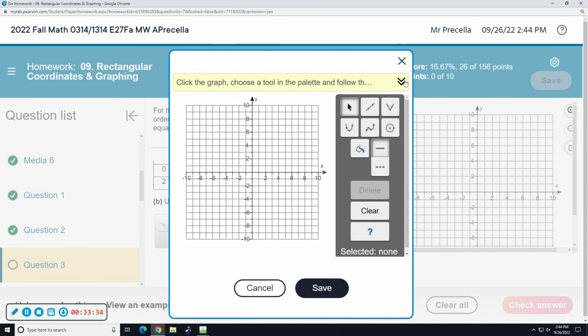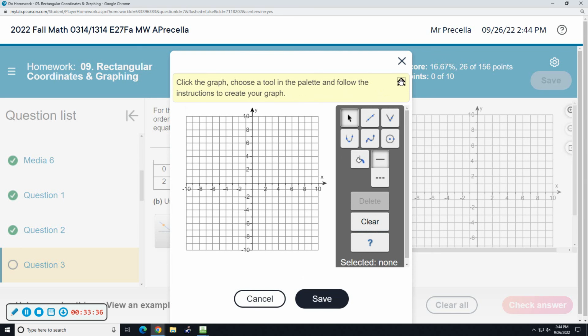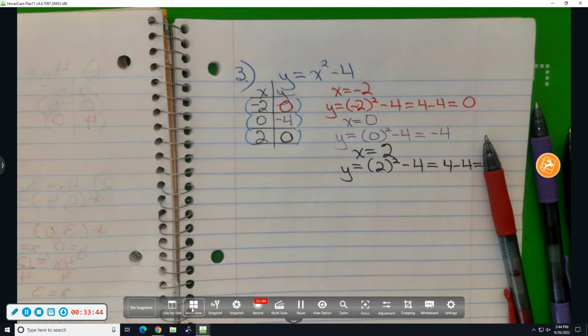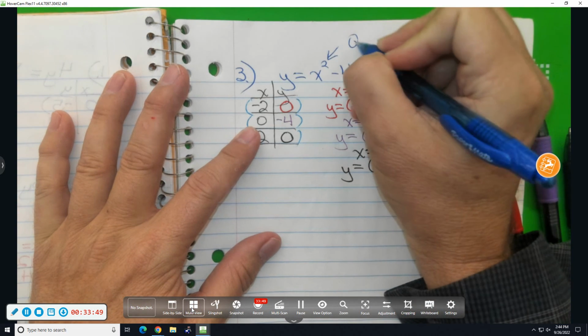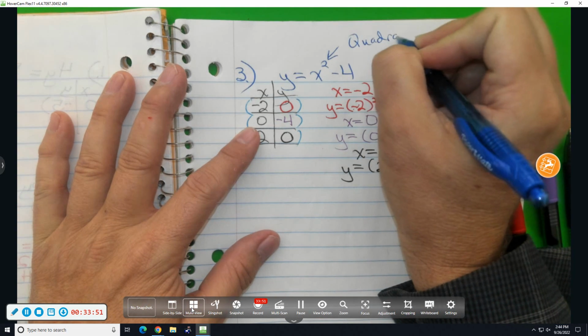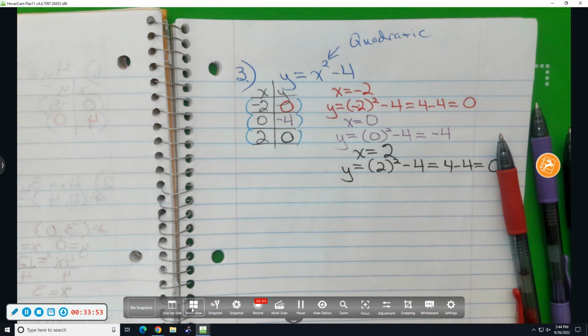And once again, I said you have to know what you're going to be graphing in order to use these tools. Because of that square, the square that we saw there in the problem, that's what said it's a quadratic. So we got to find the quadratic tool.